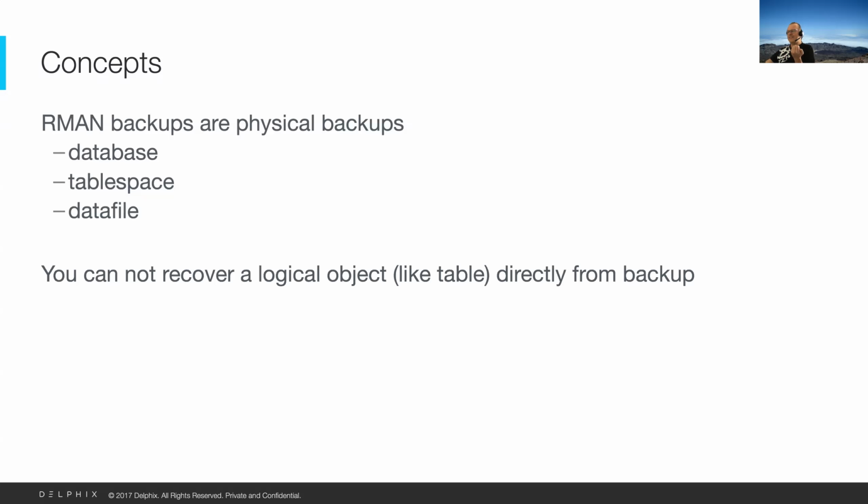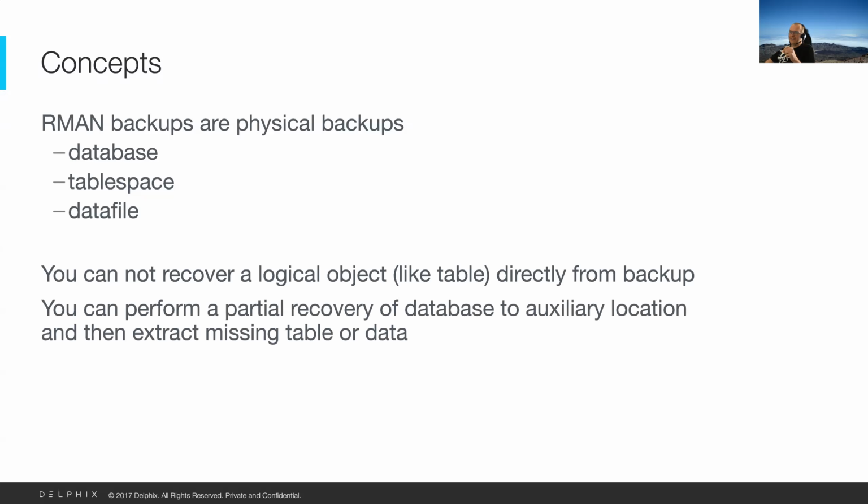Well, in the Oracle documentation, you can find that you can actually restore a table from RMAN. And that's true, but that means that there is additional work needed. So first of all, RMAN will recover physically the entire database or a couple of tablespaces to the auxiliary location. And then when this is completed, it will extract the missing data or missing tables.